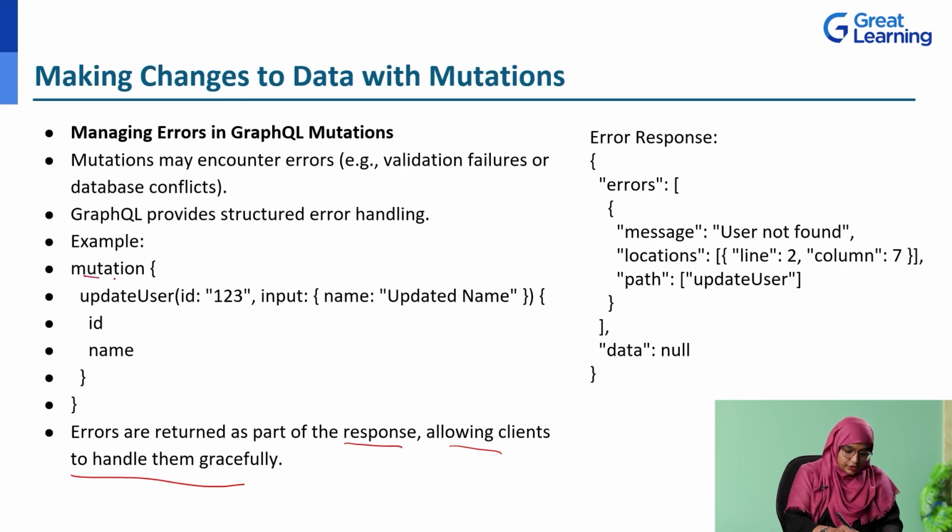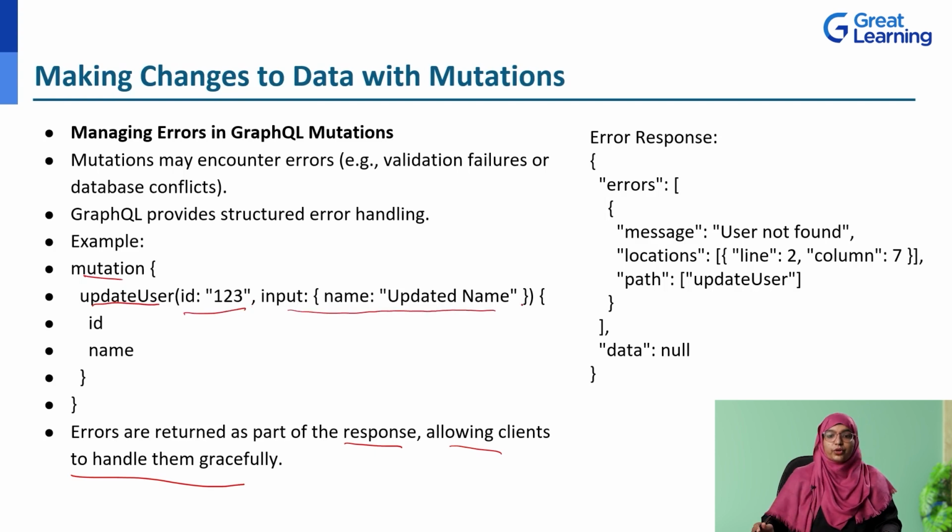So here in your mutation, you are trying to update the user with ID 123 with the input name as updated name. Now, what is the error response we are getting? We get the error response message as user not found. We are trying to have the username changed for your ID 123, right?